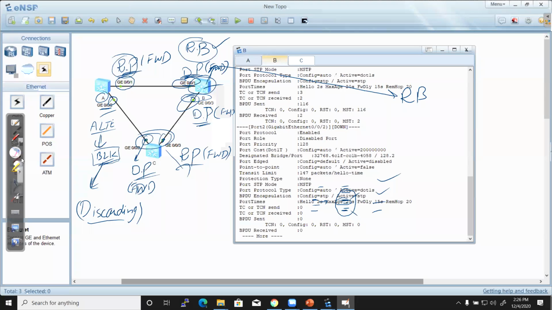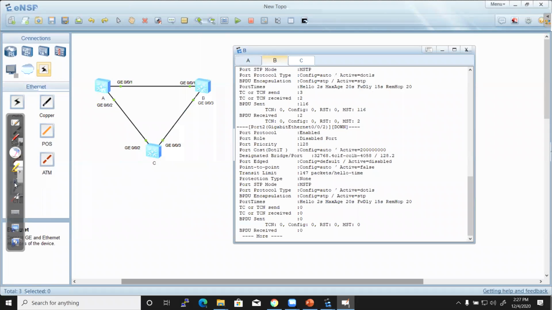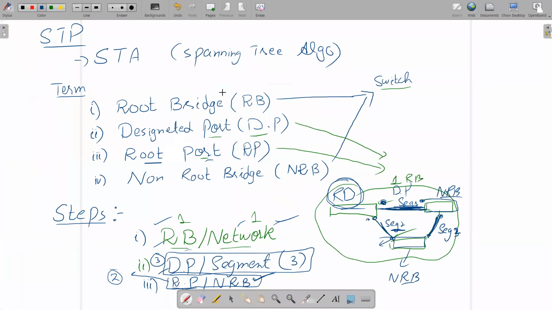So first of all, we will follow the 3 steps which we have discussed. I have shown you these terminologies, and I didn't enable any STP protocol. As I said, STP runs by default in every switch.